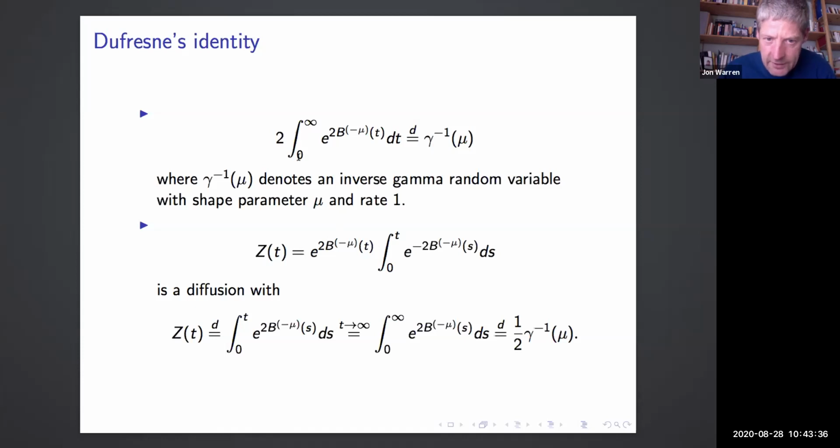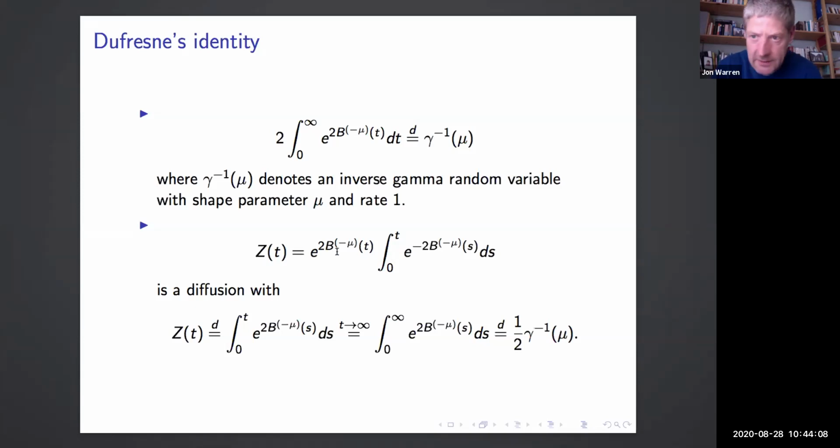If instead of just looking at a supremum, an integral, you look at this object that I'm calling Z_t, which is the exponential of the Brownian motion at time t, and then an integral from 0 to t of the exponential, and now there's a minus sign that appears, then that turns out to be a diffusion. And that's an analog of the reflected Brownian motion with a wall at the origin.